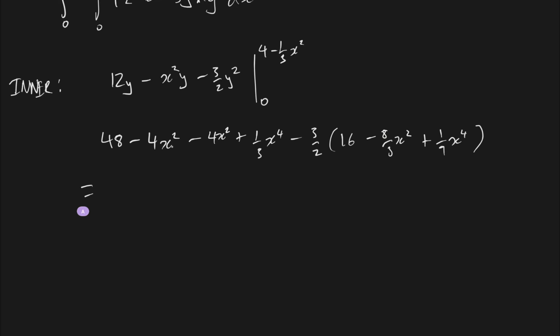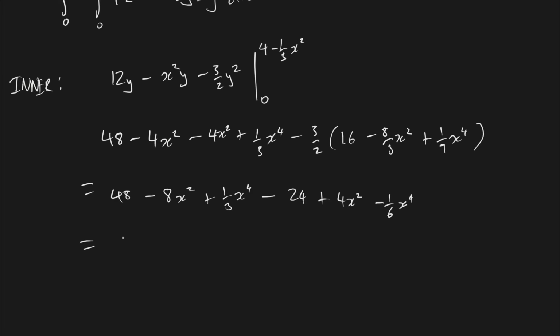And let's just now simplify that. So 48 minus 8x squared plus a third x to the 4 minus 24 plus 4x squared minus a sixth x to the 4, which is equal to, sorry about this guys, this is a little bit of a pain, 24 minus 4x squared plus a sixth x to the 4.